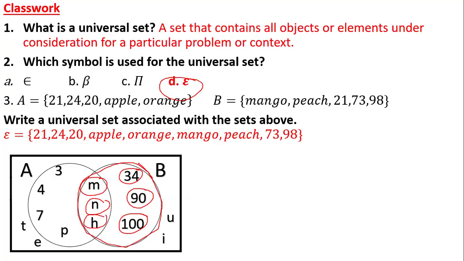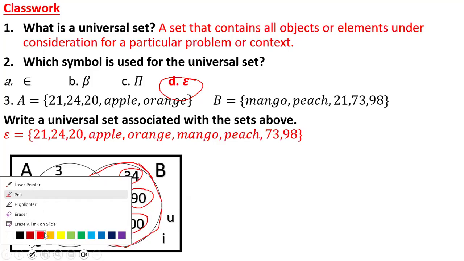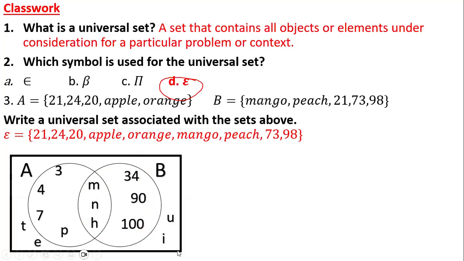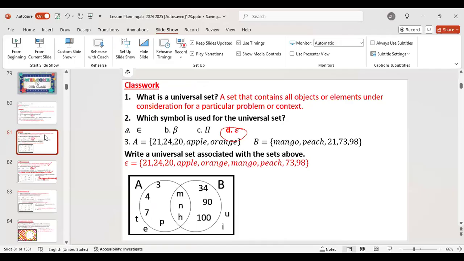All right. And so the question states, let me clear our drawings so we could do this. What they want us to do is, number one, find the universal set. And once we find the universal set, they want us to give the number of elements inside of the universal set.